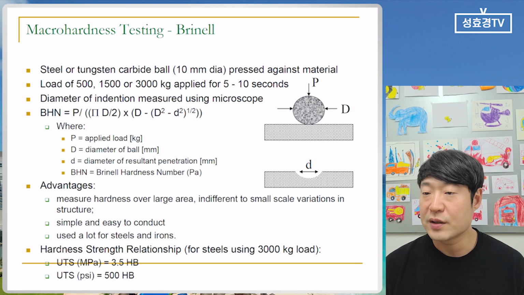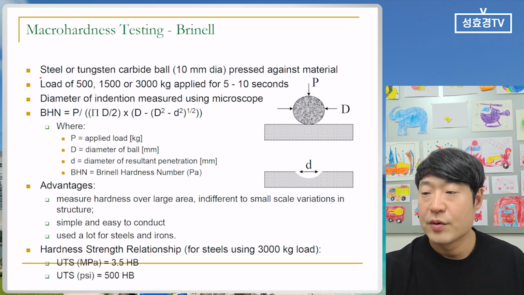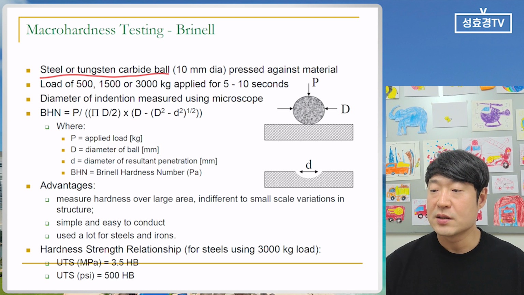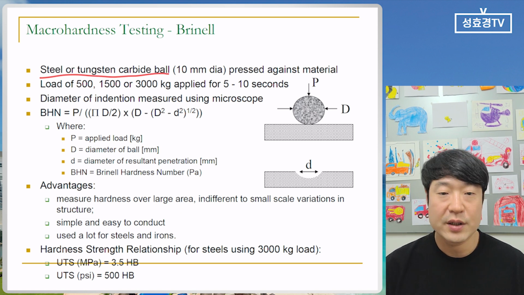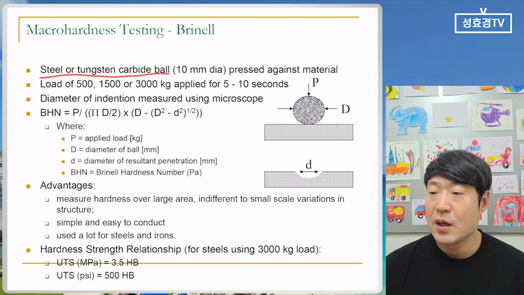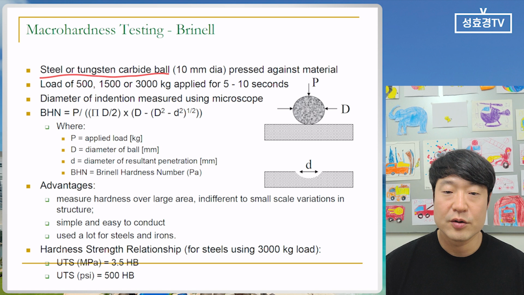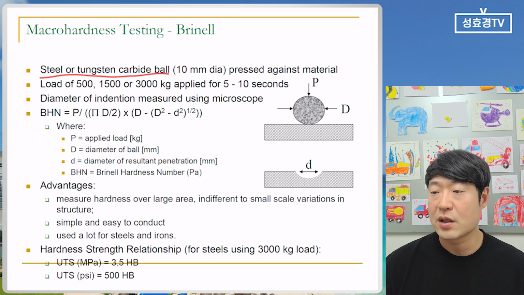So first of all, the Brinell test. The ball is a steel or tungsten carbide ball. So it is a very big size, maybe like 10 millimeter diameter. We just put it on the sample, and a high load is applied, like 500 to 3,000 kilograms applied for 5 to 10 seconds.